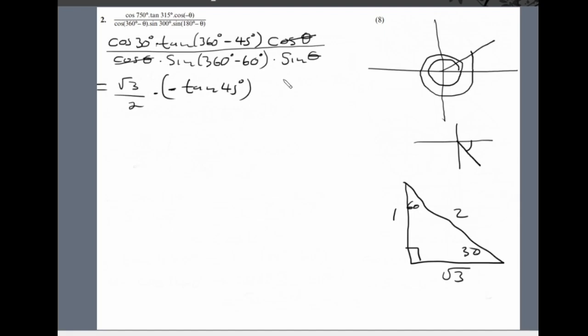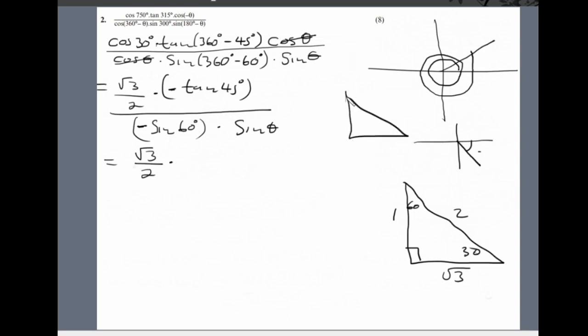Okay, and then divided by sine 360 minus 60. 360 minus 60 is the fourth quadrant, sine is negative, so we will have minus sine 60, times sine theta, right? And then we have root 3 over 2 times minus tan 45.